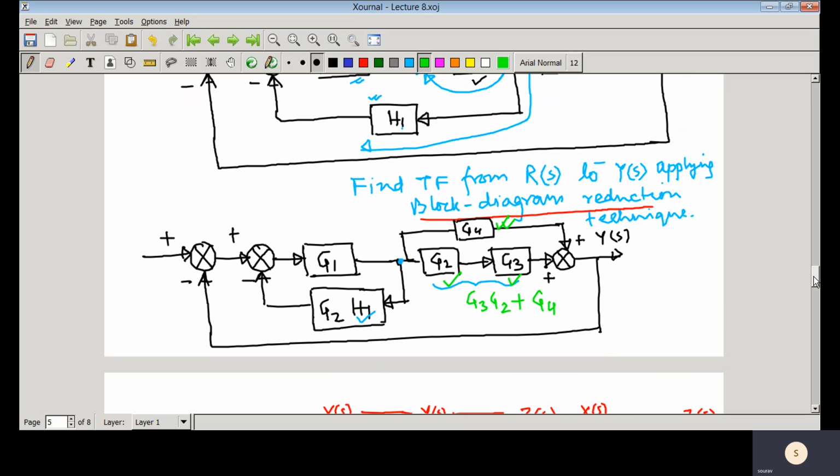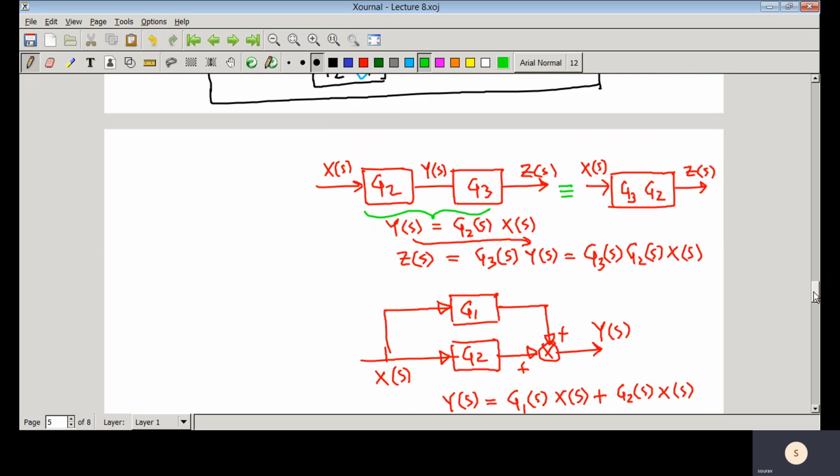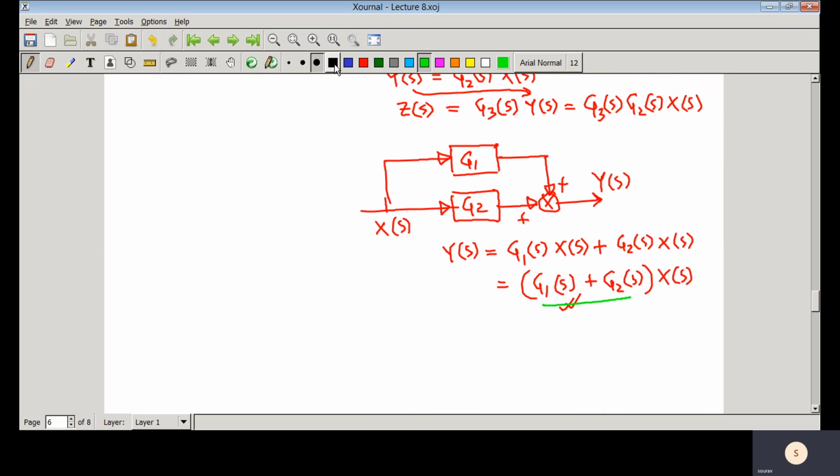So let us simplify this one. Now if we draw the block diagram, you have one comparator here, another comparator here, and you have that G1.